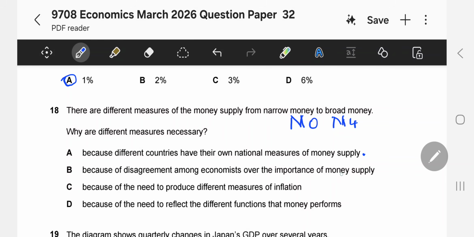Economists may disagree about money supply, but that doesn't really mean the difference is because of the disagreement. Because of the need to produce different measures of inflation? No. Because of the need to reflect the different functions that money performs. I think the closest one here is D.